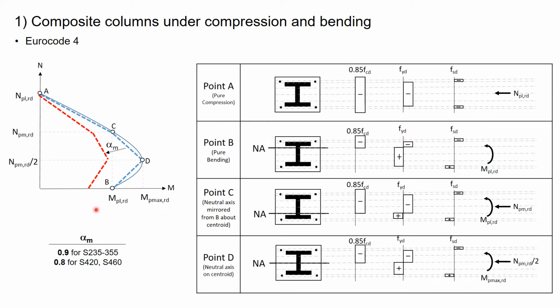And these alpha m values depend on the yield strength of our structural steel, which is 0.9 for steel strengths between S235 and S355, and 0.8 for S420 and S460. We don't have values for higher strength steel, because the current Eurocode 4 limits the use of this method for concrete up to C50 and for structural steel up to S460.